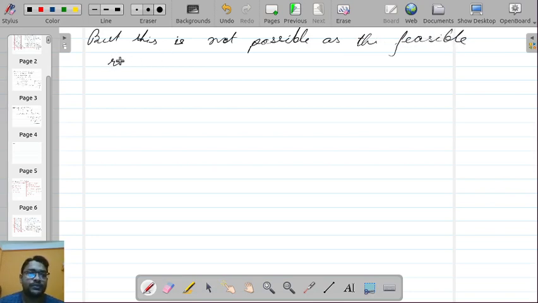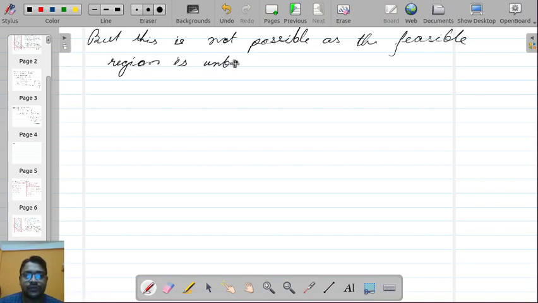As you keep on moving the cost line away from the origin, it remains in the feasible region. It doesn't go beyond the feasible region, because the feasible region itself is unbounded above.